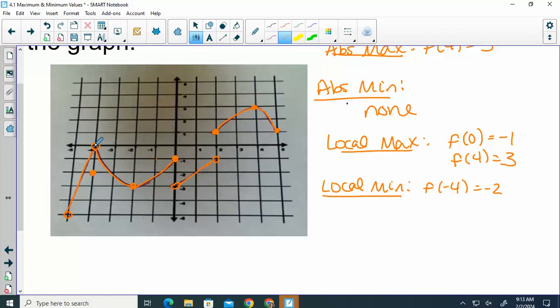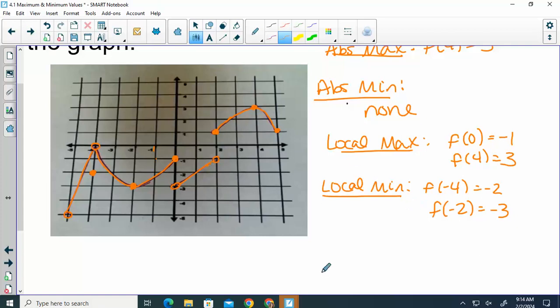Where else would we have a local min? X is -2 and y is -3. Okay, can an open circle count for anything? No, so that's out. This is also open, so it can't count. This is not going to count. It's lower than the points on this side, but not that side.